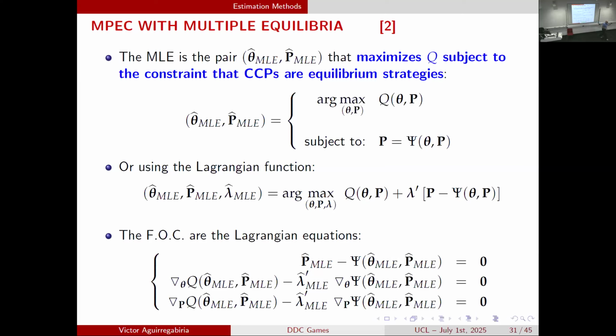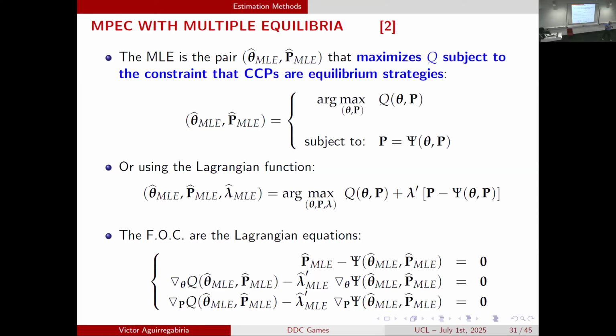But now, importantly, if we do not impose restrictions, we cannot estimate beliefs and structural parameters unrestrictedly, okay? We take into account that our model imposes the restriction that beliefs should be self-fulfilling in equilibrium, okay?